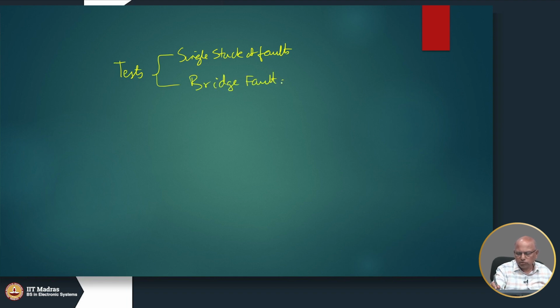So tests for bridge faults, then we do tests for transition delay faults. So that is a complexity. Okay, we may have many thousands of patterns for each of these cases. So that increases the test application time. And as you already know, if you increase the test application time, the cost of testing increases.